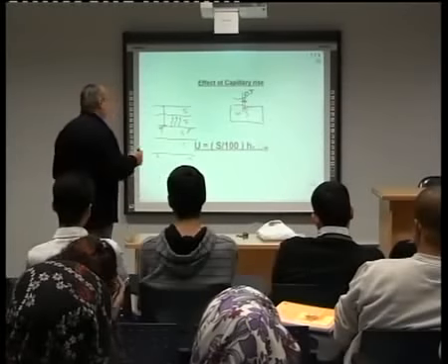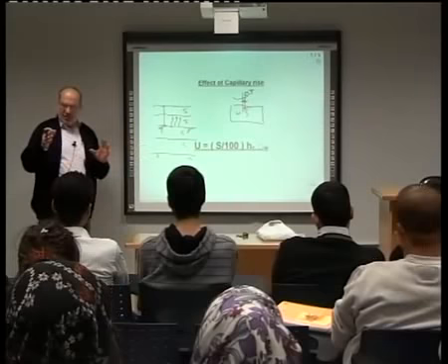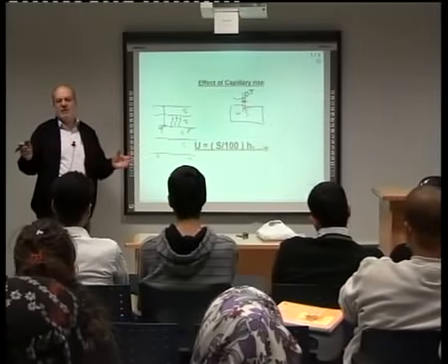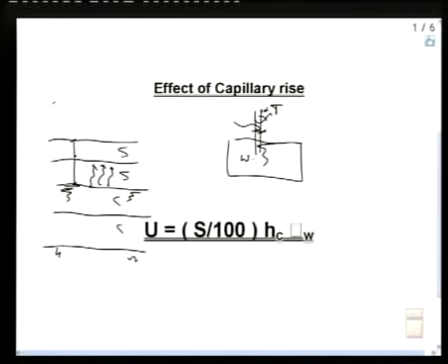Now, we explained that soil consists of several particles and voids. The voids between the particles may form as if they are a tube, right? So water will go in this tube. That's why water goes up. To which height?